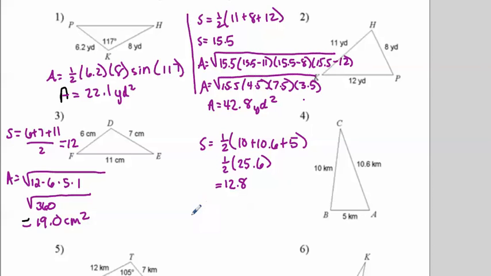All right, then my area is going to be the square root of 12.8 times 12.8 minus 10, 12.8 minus 10.6, and 12.8 minus 5. And let's type that in.